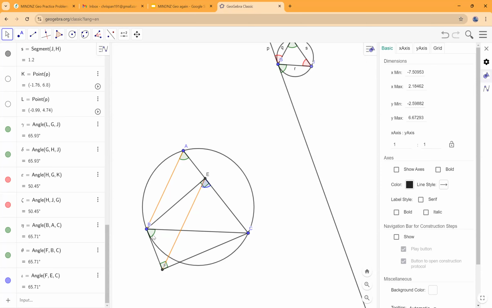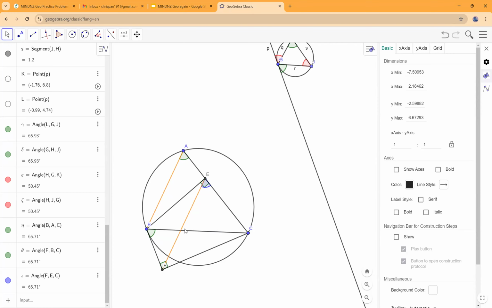The angle opposite this side, FC, the angle at B would be equal to the angle at E, because it's subtended by the same arc of the circle. So if we can show that the quadrilateral ECFB is cyclic, then we can show that this blue angle is equal to this green angle, which is equal to the other green angle. And once we've shown the blue angle is equal to the green angle, we've shown the lines are parallel, and the problem is proven.